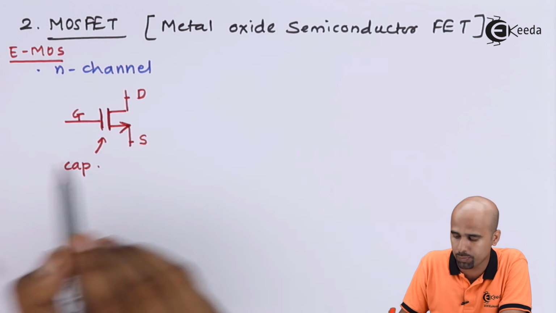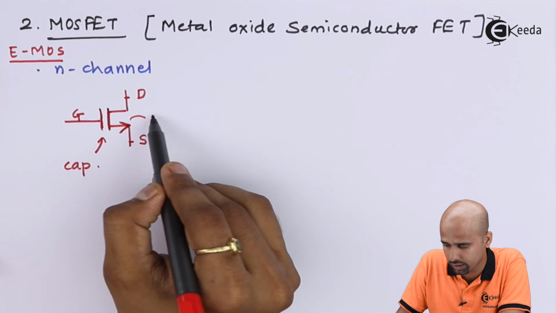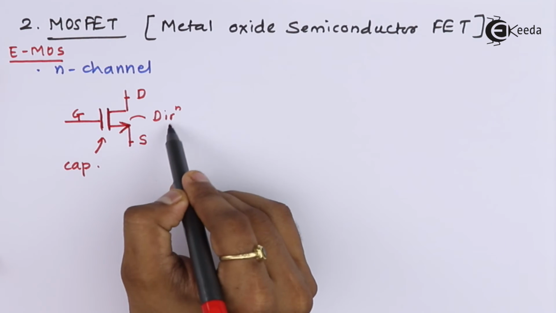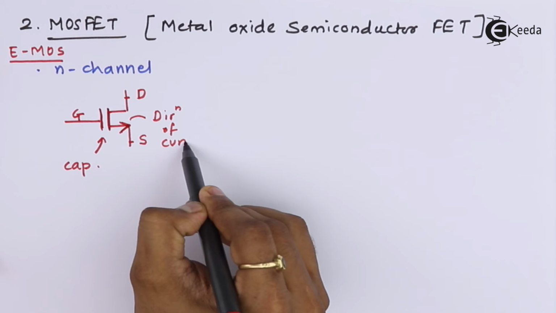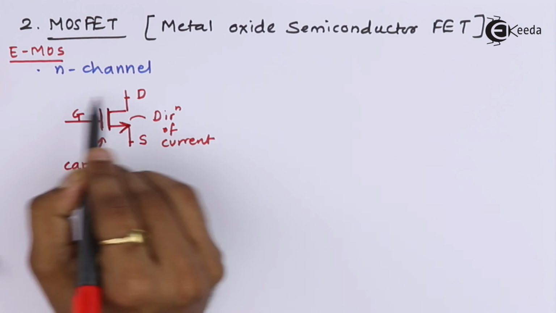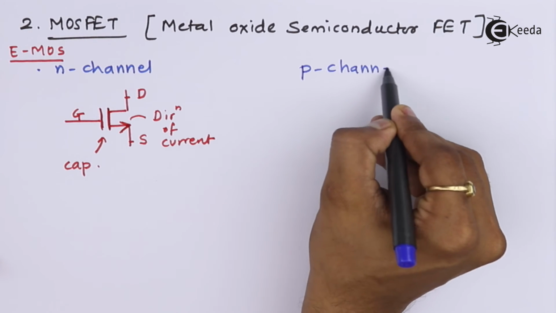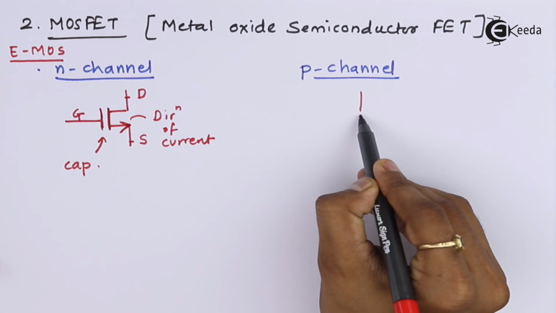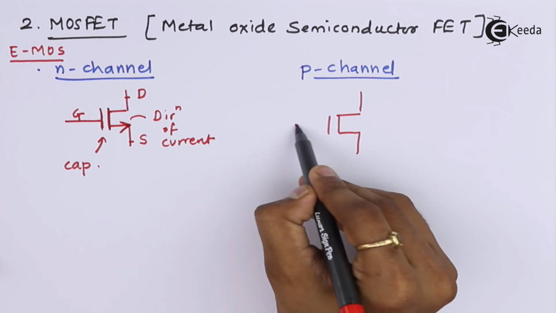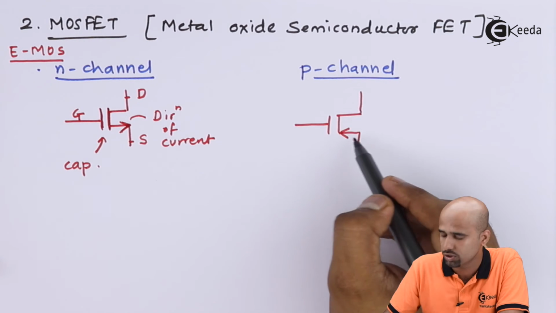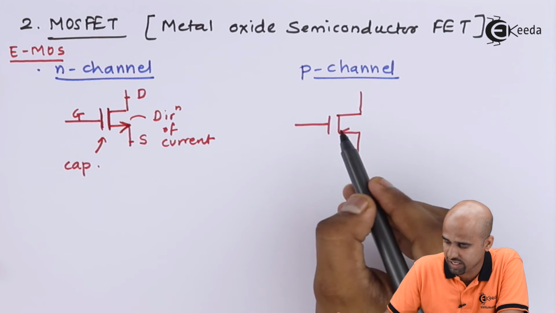This arrow again represents the direction of current. This is the representation of N channel E MOSFET. For P channel E MOSFET, just change the direction, that's it.